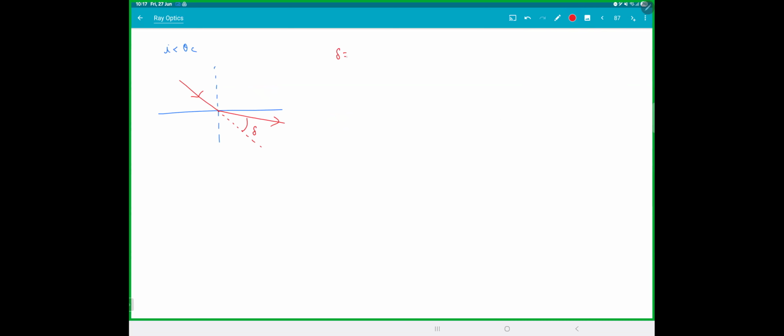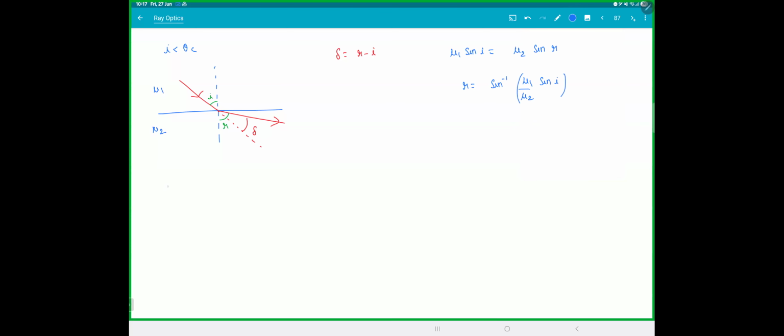So delta will be R minus I. From Snell's law, mu1 sin I is equal to mu2 sin R, so R will be sine inverse of mu1 by mu2 sin I.